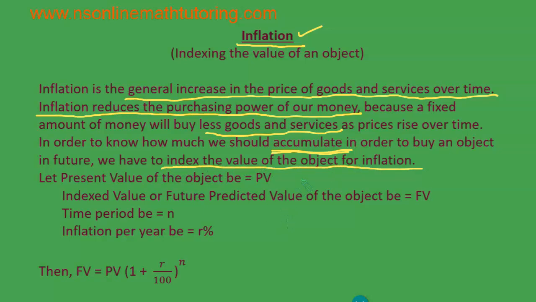And why am I saying I have to get a rough idea? Because I will be doing some calculation in order to get the future price of the object, in order to get the index value of the object, but that calculation will be based on the present inflation rate per year. But the inflation rate may change in these 5 years.